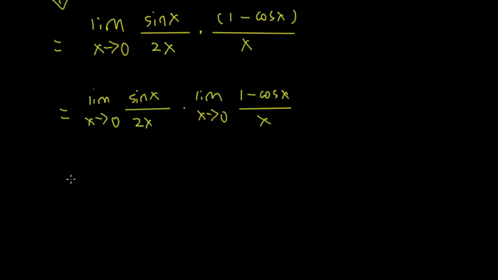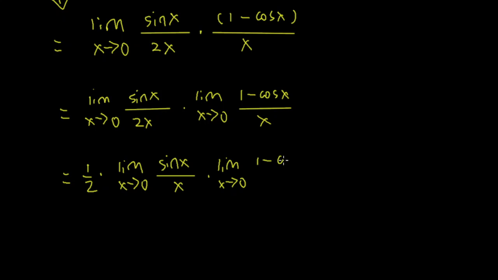I will move it out of the limit. So 1 over 2 times the limit as x approaches 0 of sine x over x, times the limit as x approaches 0 of 1 minus cosine of x over x.